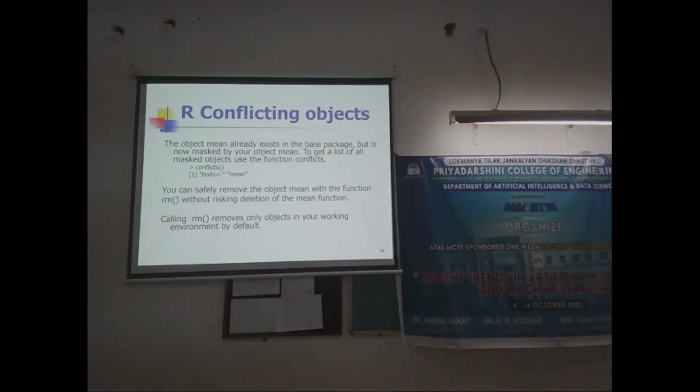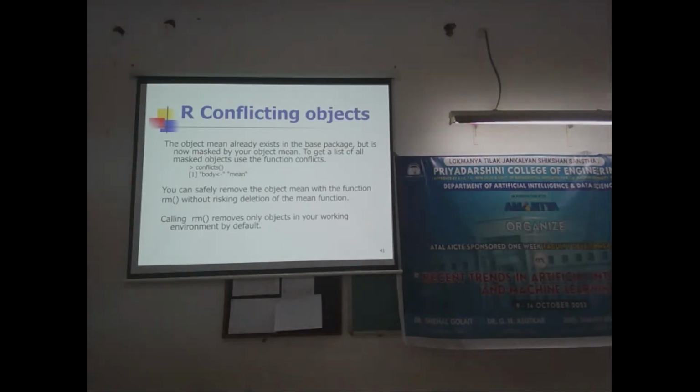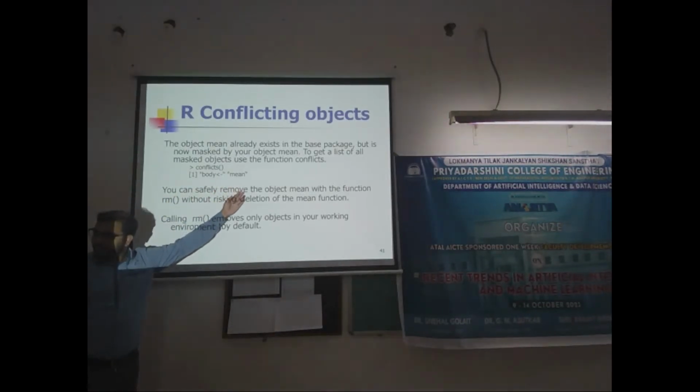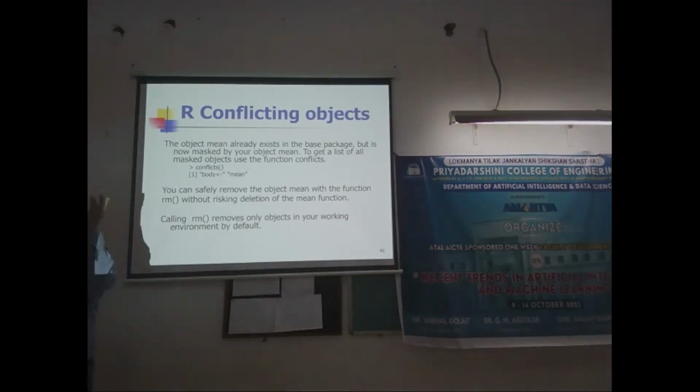And there are certain ways to remove it. If there are any conflicts available, you know the conflict is with this variable. You can simply go and remove it with rm, and it will assign back to the function. That's it. Pretty straightforward, simple, perfect.